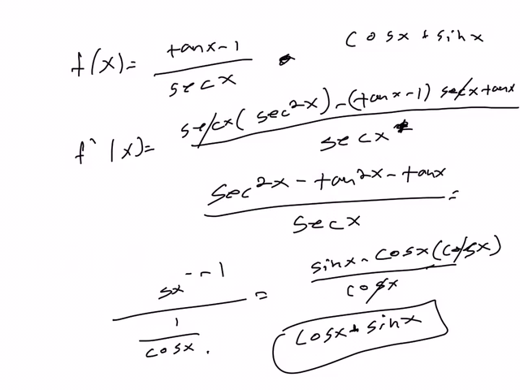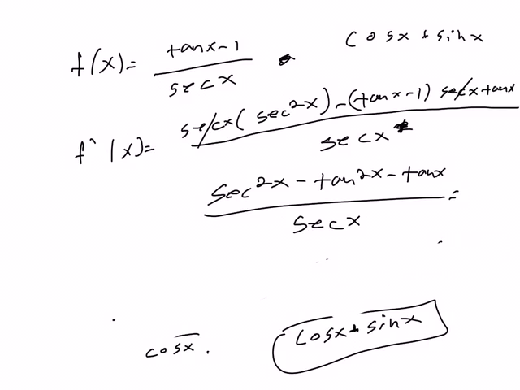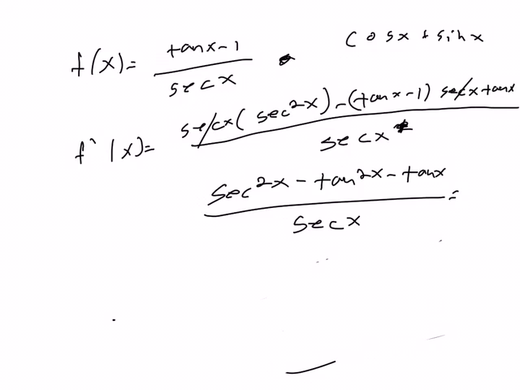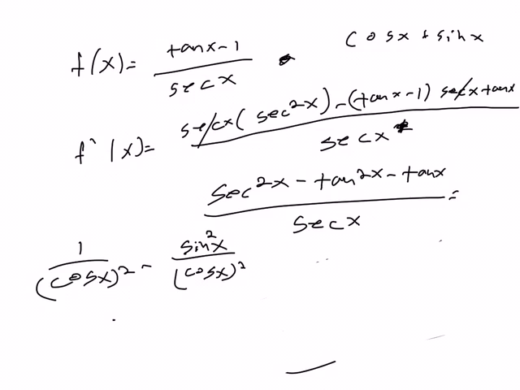I don't know. Let's try to simplify this a little if we can, see what happens. So that is equal to 1 over cosine squared x minus sine squared x over cosine squared x, minus sine x over cosine x.